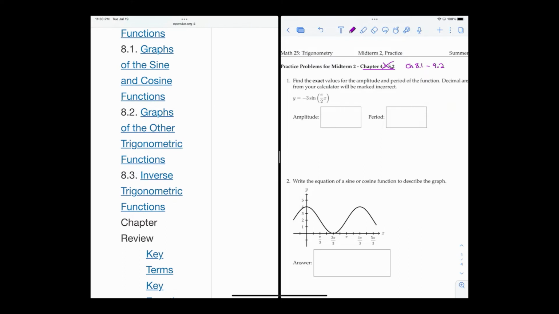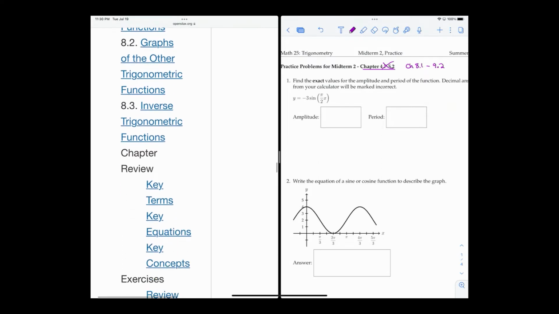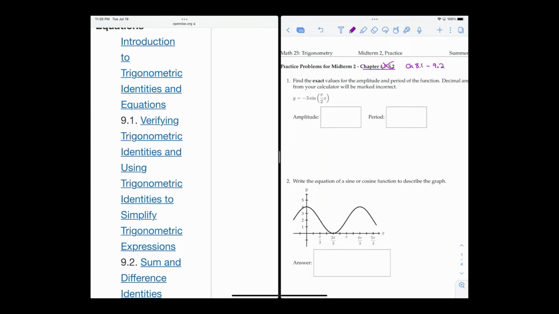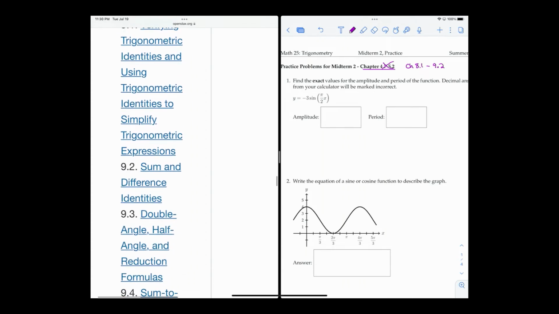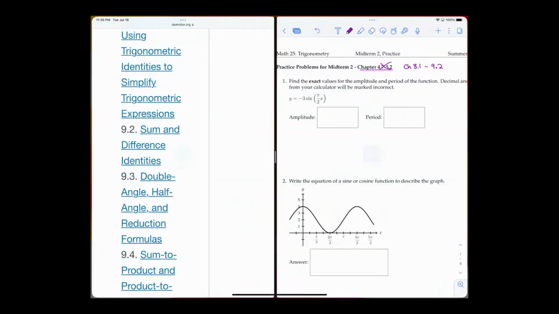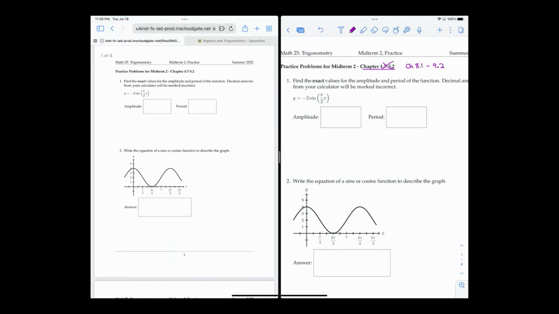Graphs of the sine and cosine functions, graphs of the other trig functions, which I think does not actually appear on here, and then trigonometric identities, just using simple ones and sum and difference identities. So that's about it. It doesn't cover that much material, but it is what we have to cover. So that's what we'll be looking at.